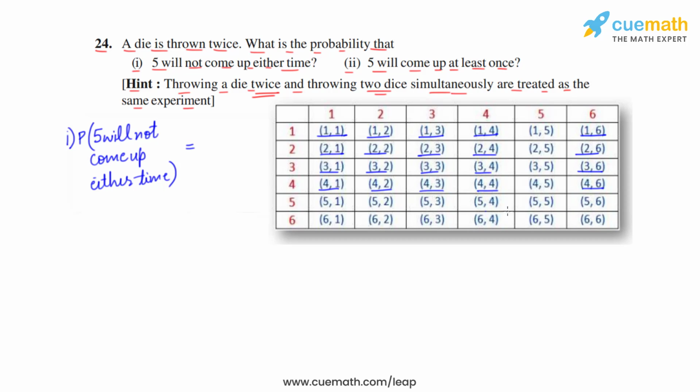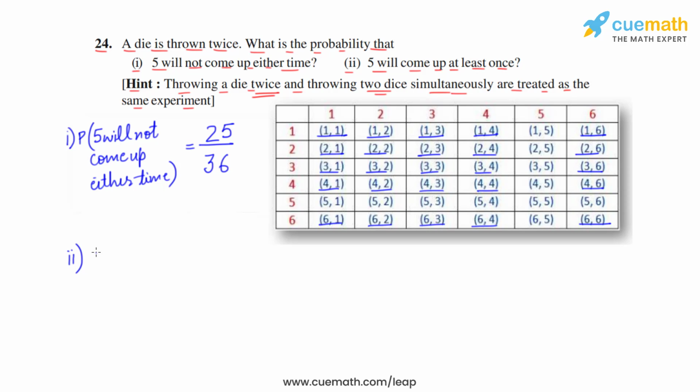Then all these have 5. Then 21, 22, 23, 24 and 25. So 25 favorable outcomes are there when there is no 5. So 25 divided by total outcomes, 36. So 25 by 36. This is the probability that 5 will not come up either time.